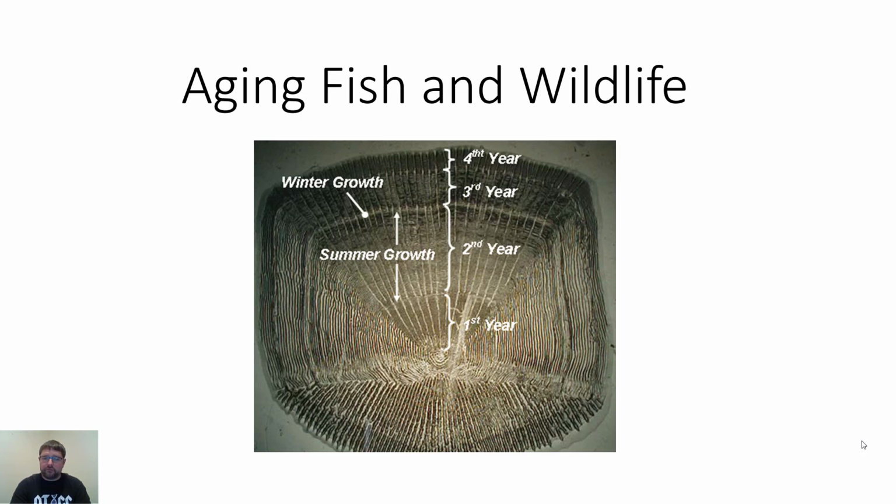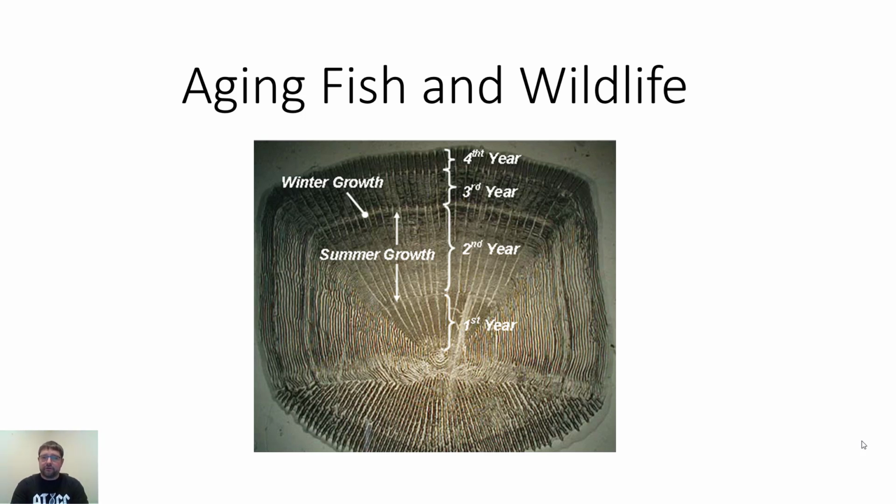Determinate growers are things like mammals and birds, where once they reach maturity or a little bit after maturity, the organism stops growing. It stops adding new length to the organism. It stops adding new bone material, and it concentrates on reproduction and maintenance.